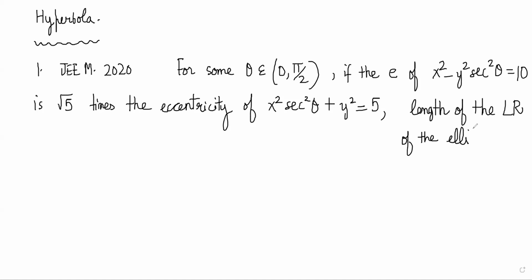So that is the question. Notice that you have a hyperbola here and you have an ellipse here, and you have to find the length of the latus rectum for the ellipse, right?